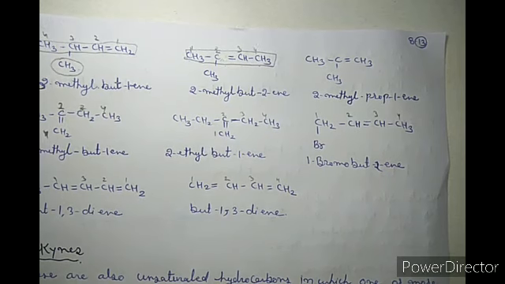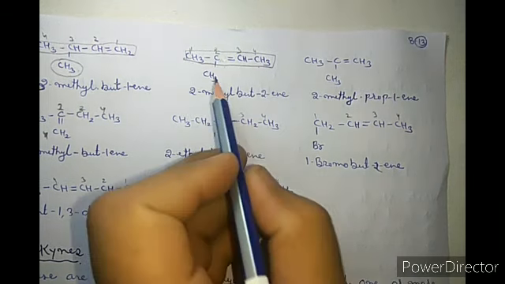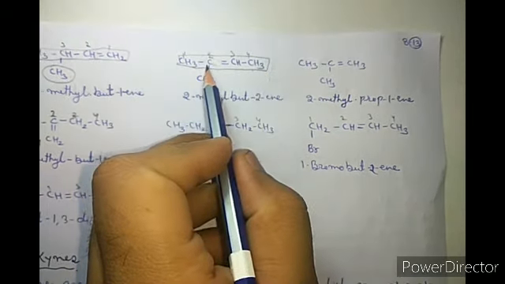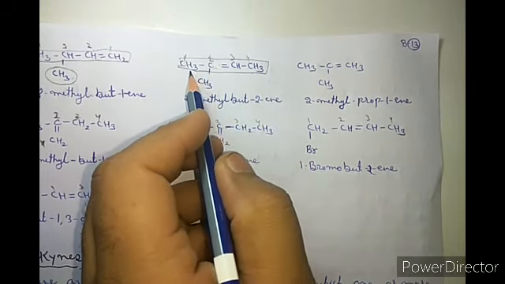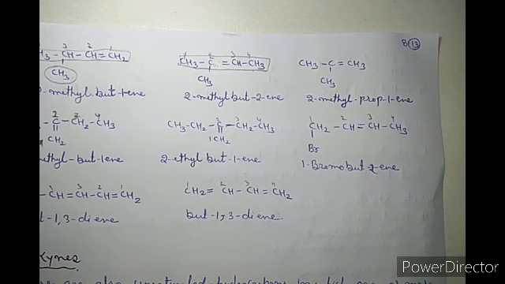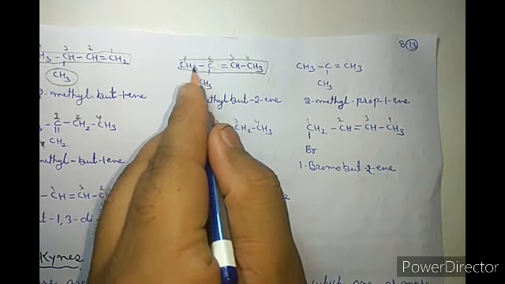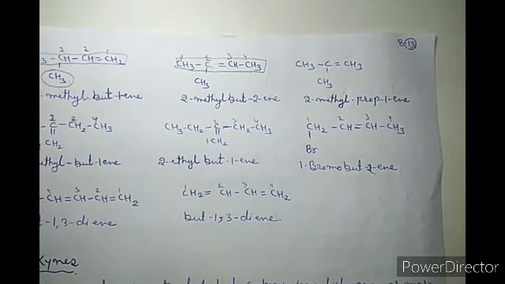If from both sides the double bond gets an equal number, then we consider the minimum numbering of the substituent. Since here both sides the double bond is getting 2, we consider the second thing, that is minimum numbering to the substituent, and from that we start the numbering from this side.